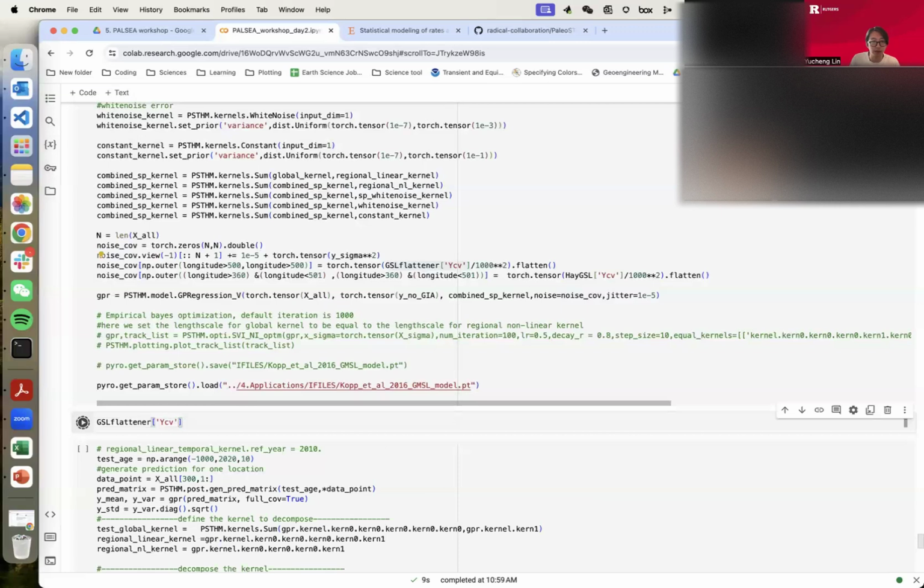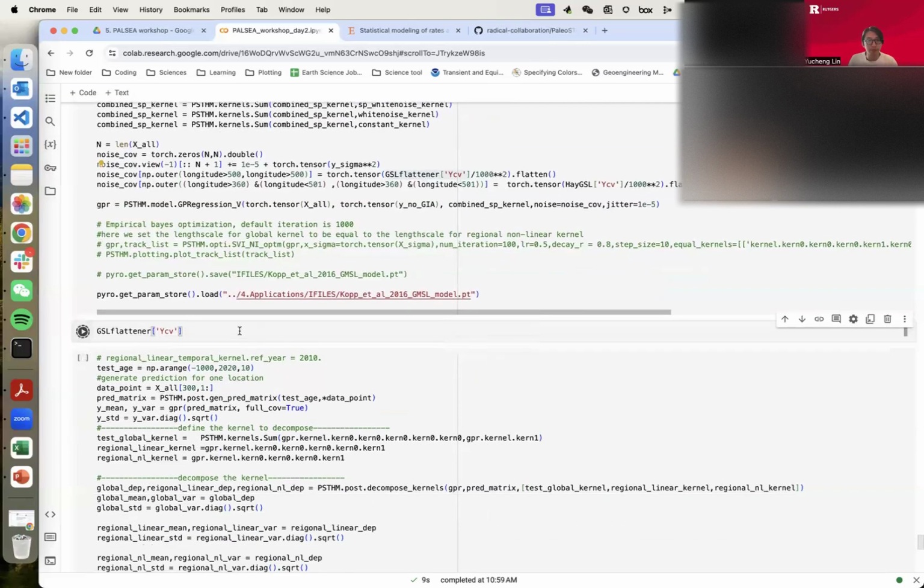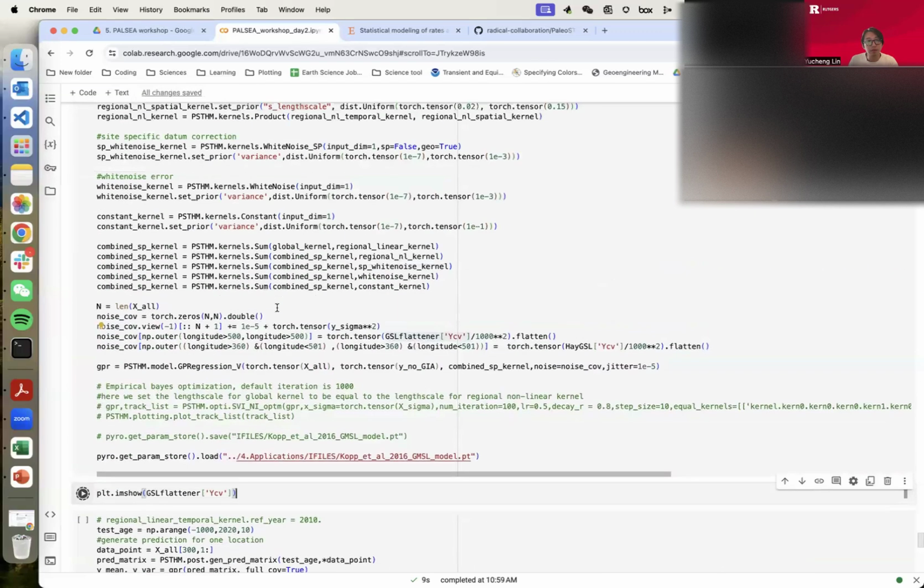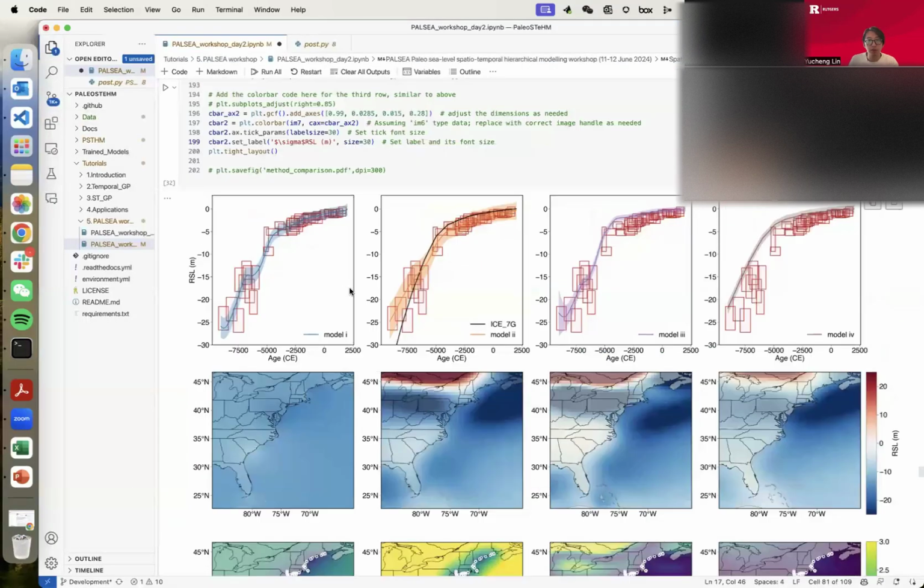Let's check out how that looks. I think the RAM is going to have some problem in my lab, so let me just show you.